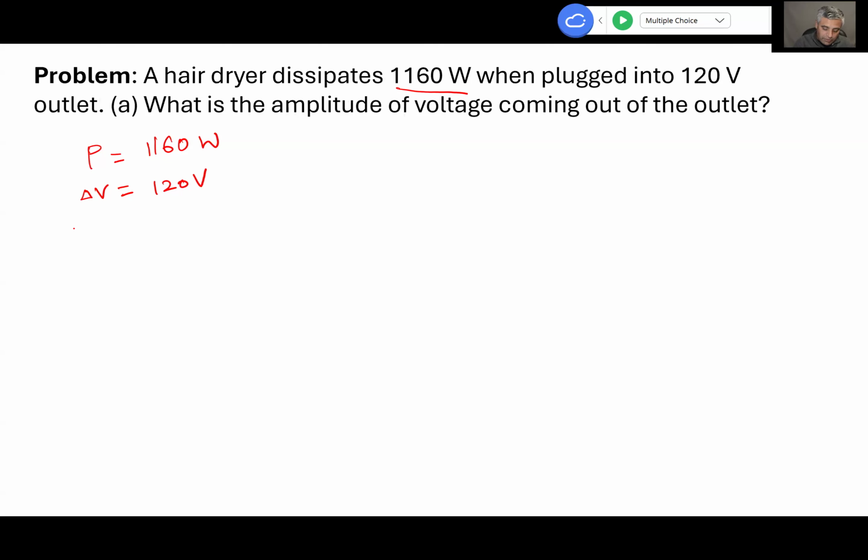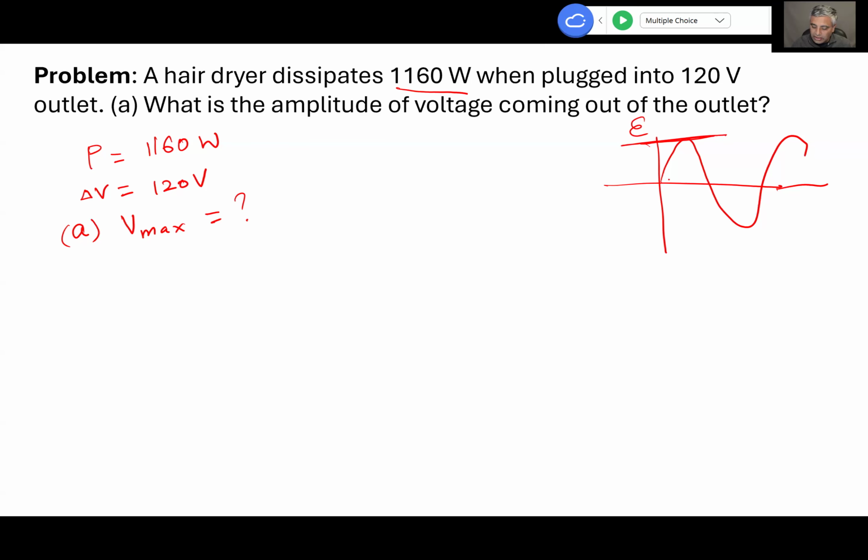Now part A says, what is the amplitude of the voltage coming out of the outlet? So it's asking for the voltage maximum. Amplitude means peak value. Remember we represented voltage or EMF like this. It has a high value, it has a zero value, right? So that is the V max. That's what it is asking.